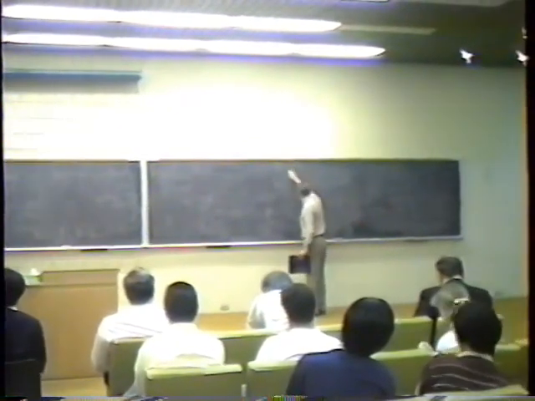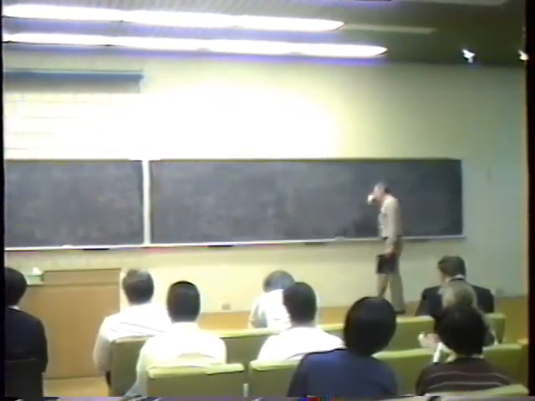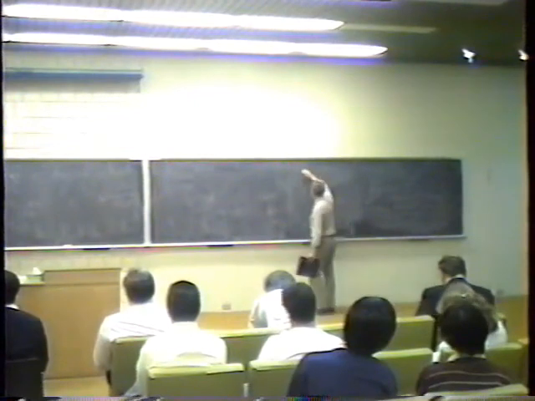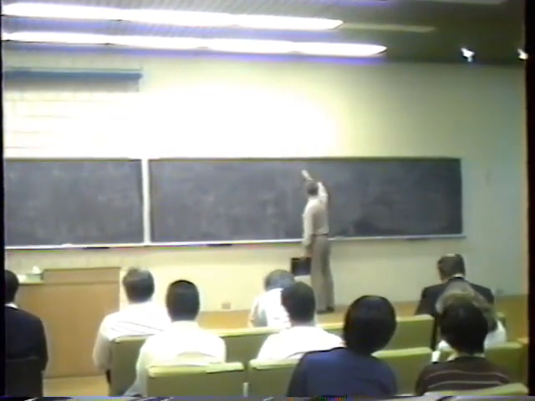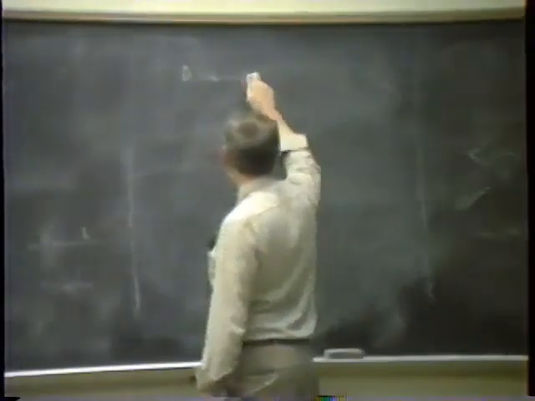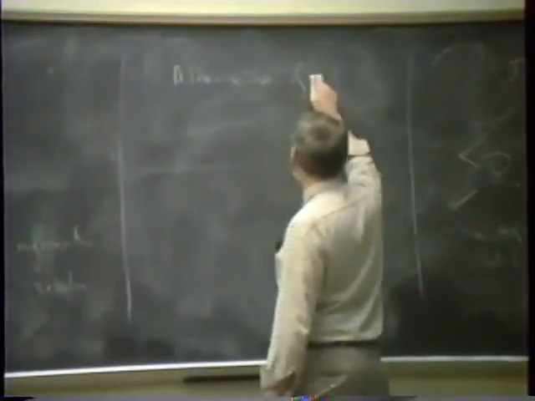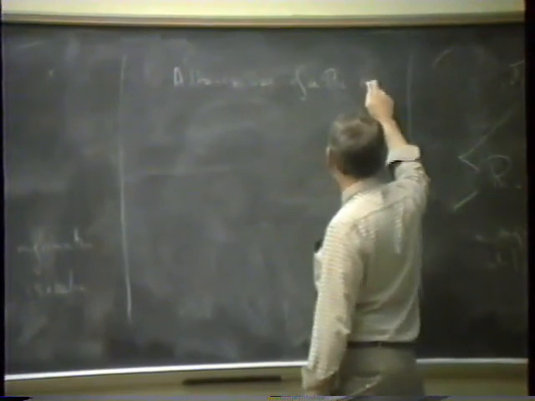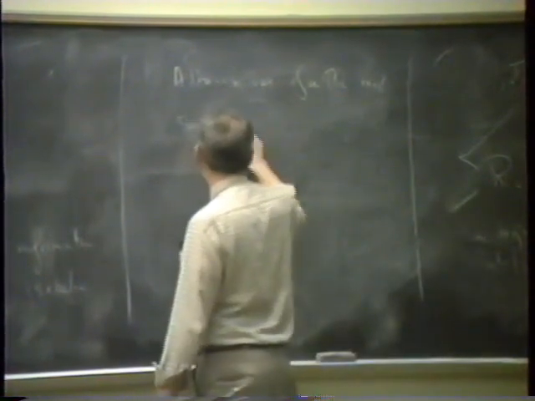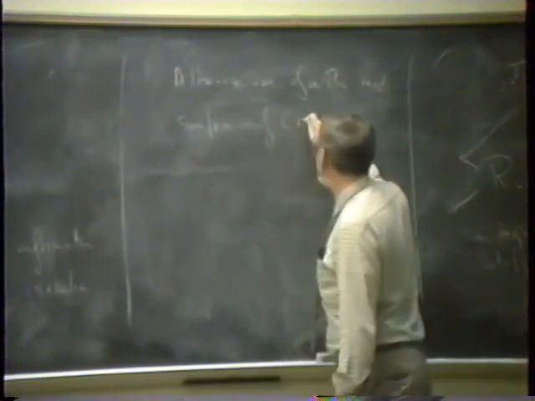If you translate that information into geometric language, what it will say, and we'll see this next time, is that the Albanese variety of a Picard modular surface is of CM type.